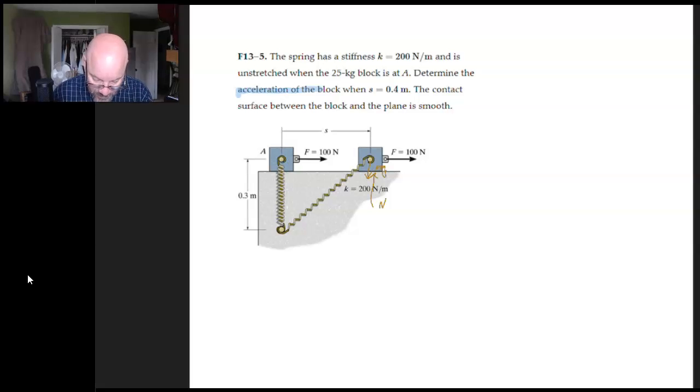Then the spring force is pulling back here. So there's Fs, just like this. And of course, obviously the 100 is here, but there's no friction involved in this thing. Now let's go ahead and do our free body diagram.